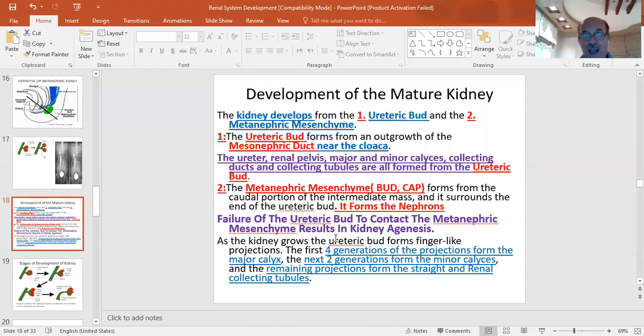All right. Then, as it enters, it will undergo a branching pattern. The first generation will give the major calyces. The second generation will form the minor calyces, and then it will further generate more to give us what you call the collecting ducts.